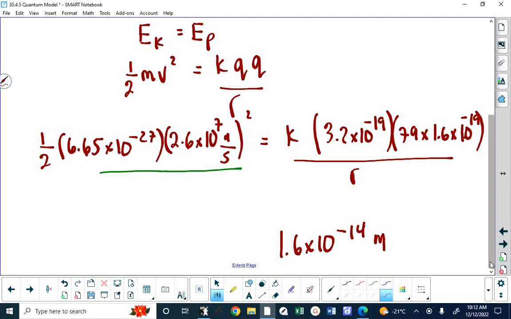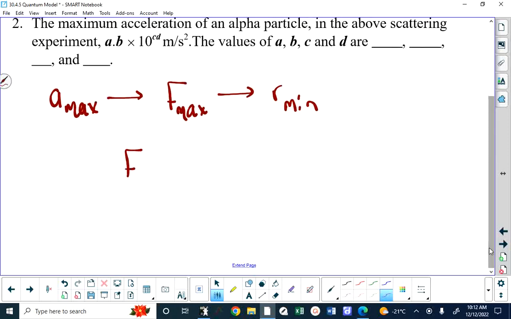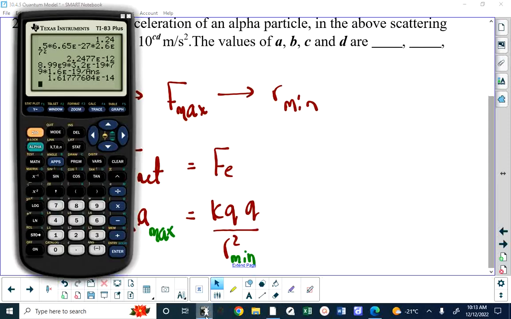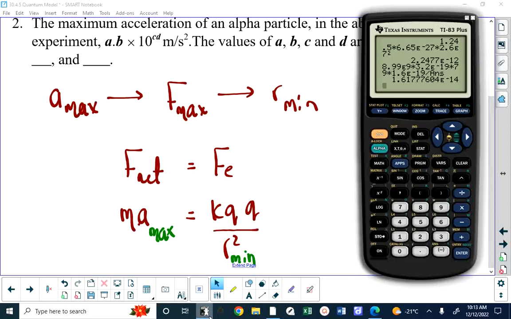So what we're going to do in the second question is essentially say that the net force is equal to the electric force, which means ma of the alpha particle equals kqq over r squared. And again, if we use a minimum r, we get a maximum acceleration. So now what I need to do is calculate this kqq over r squared and divide by the mass.